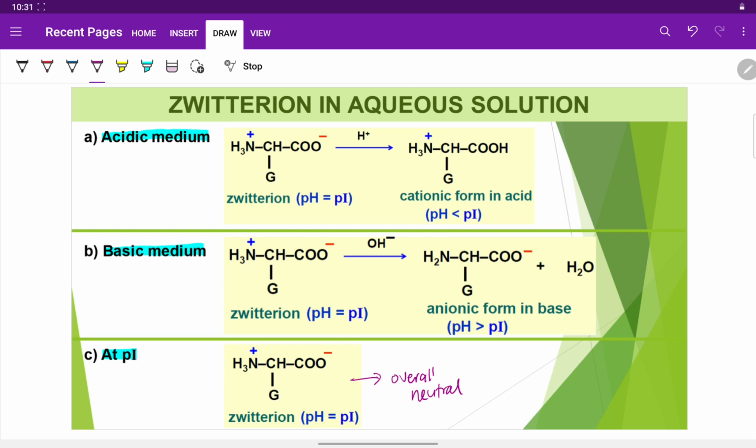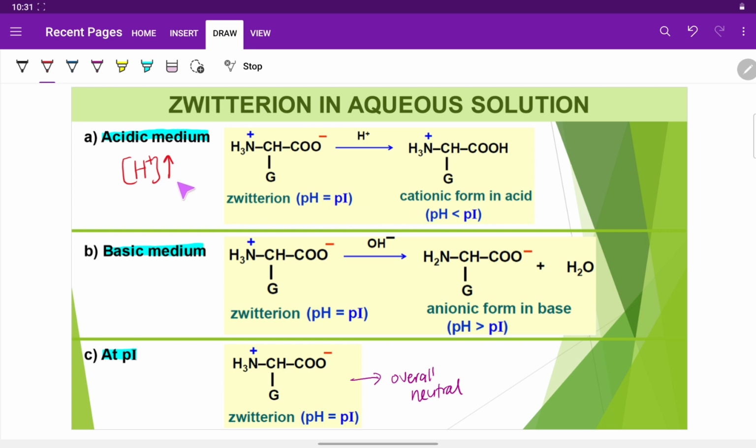Dan dekat sini, kita start dengan atas. Kalau dia berada pada acidic medium, you need to understand acidic medium maksudnya concentration of H plus is really high. So when a zwitter ion, pH equals to PI.